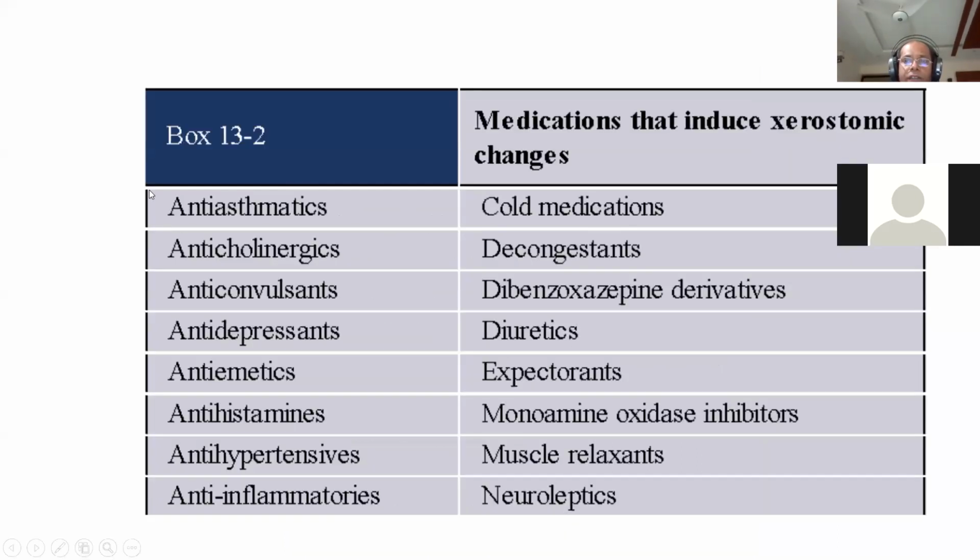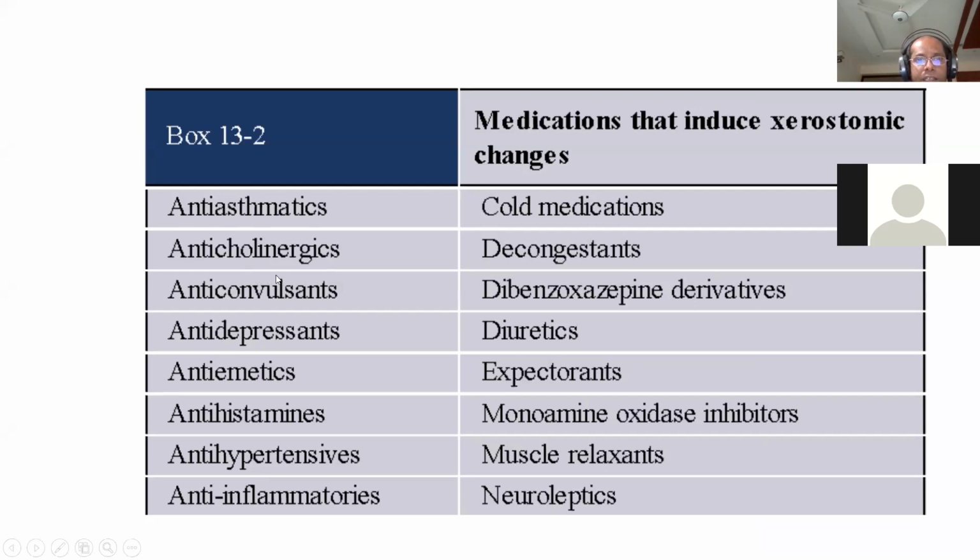These are the medicines usually taken, for example anti-asthmatic drugs. Asthma is sometimes lifelong, so the drugs are continuously taken, and this continuous taking of medicines leads to the disease.